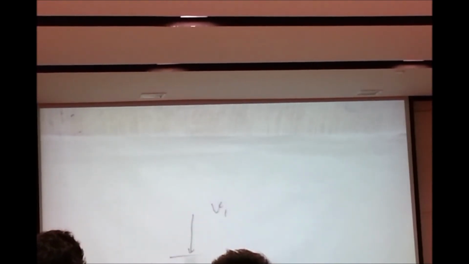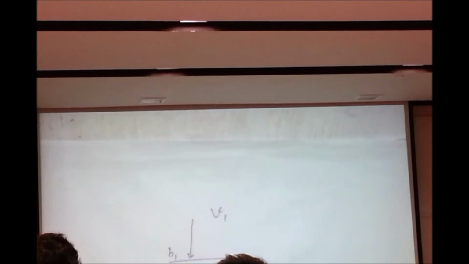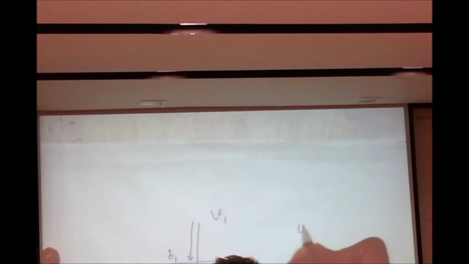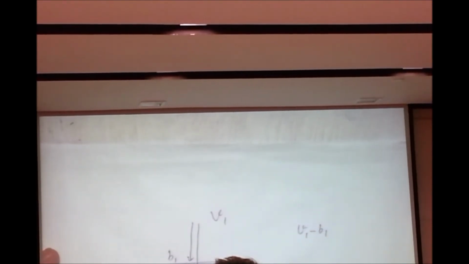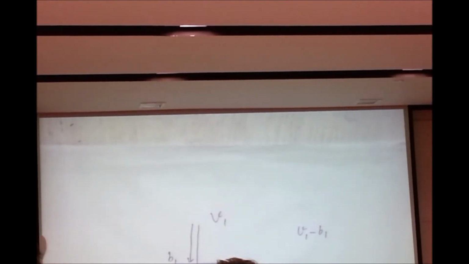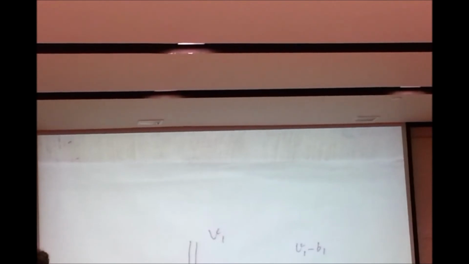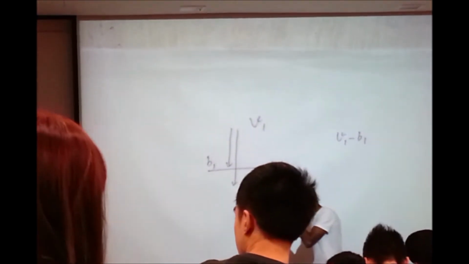Therefore, I want to bid lower than my valuation. As I keep lowering my bid, two things happen. My surplus from winning increases, but my probability of winning decreases. And if the probability of winning decreases, my probability of losing increases. And if I lose, I make a zero payoff.